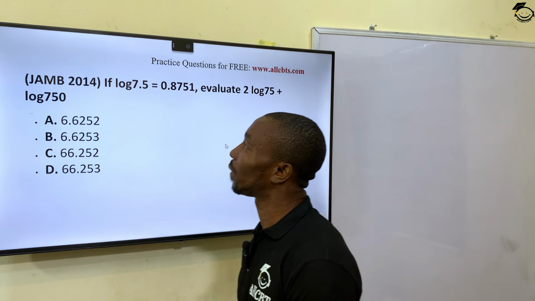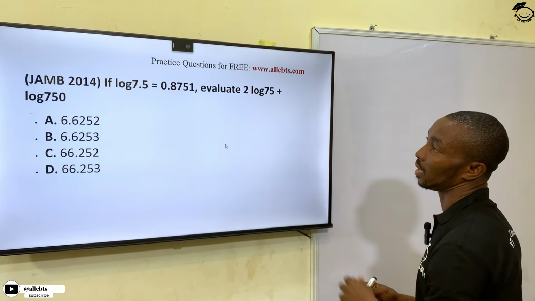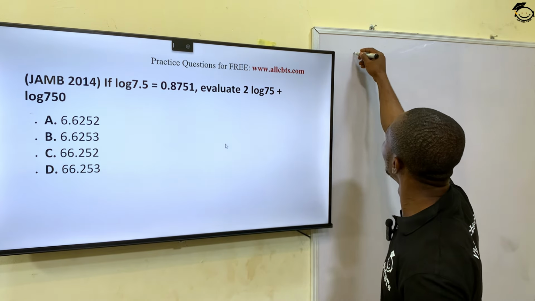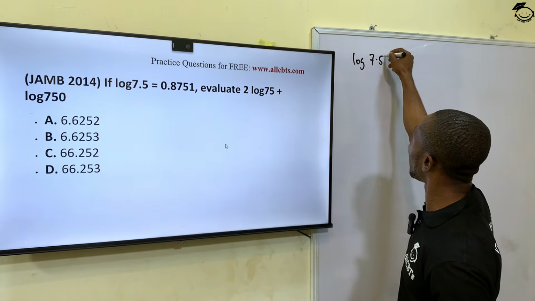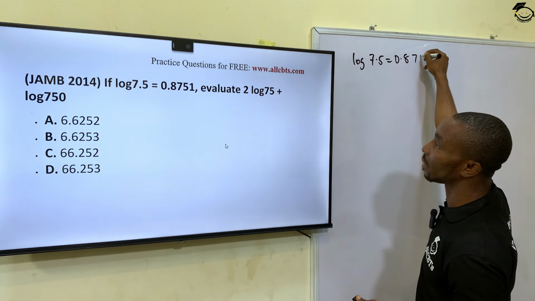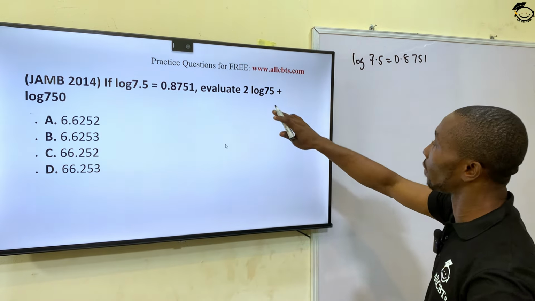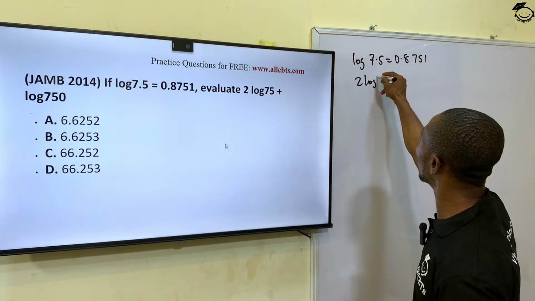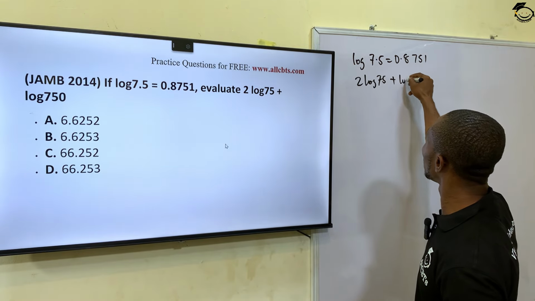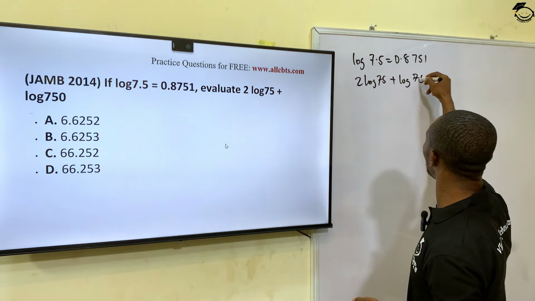All right, moving on to our next question, which says if log 7.5 equals 0.8751, now we should evaluate 2 log 75 plus log 750.